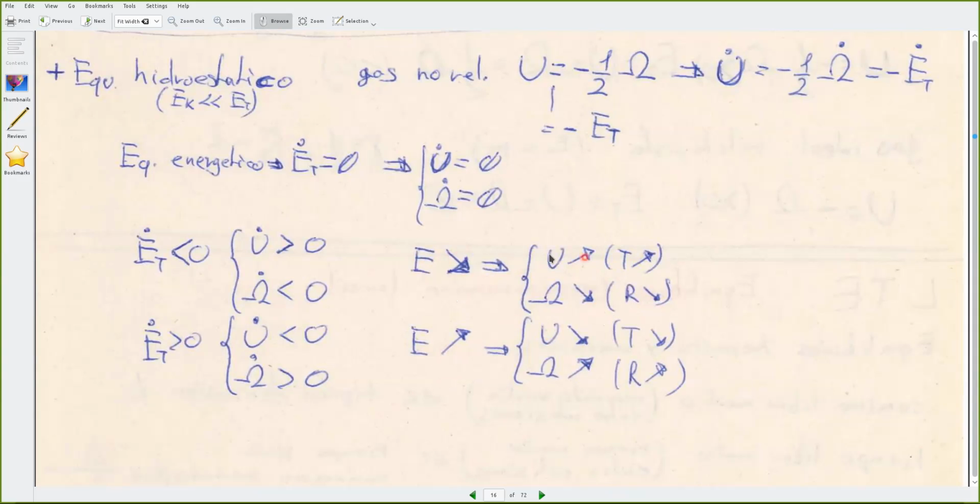So there is a contraction. You have a contraction and the temperature increases.